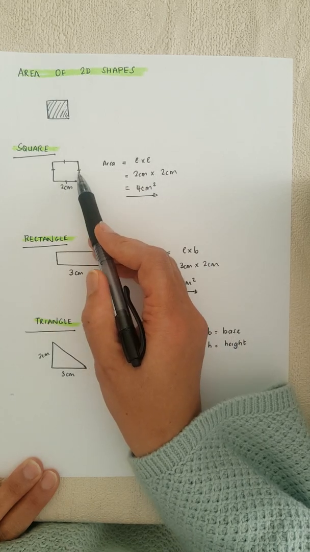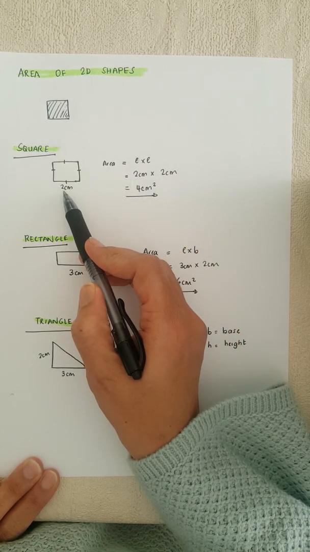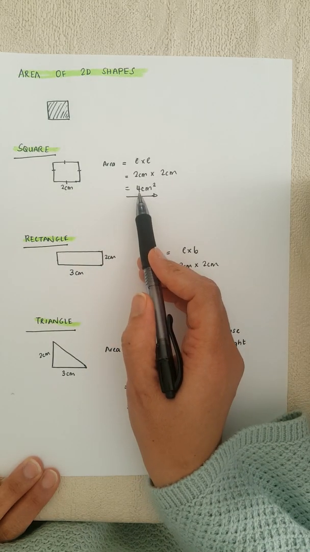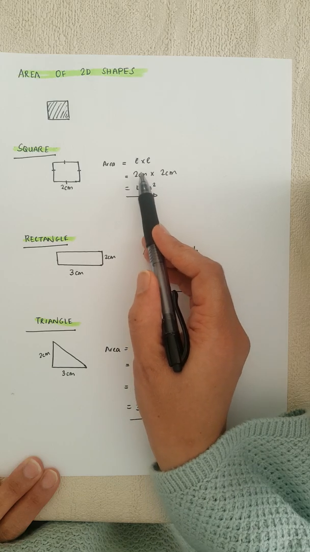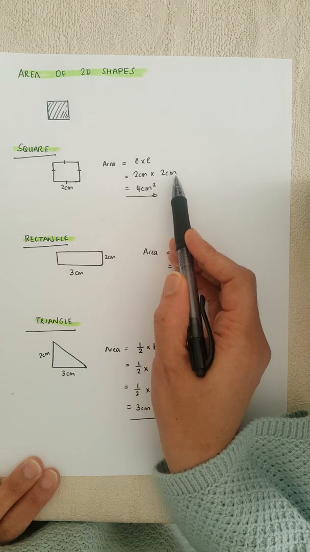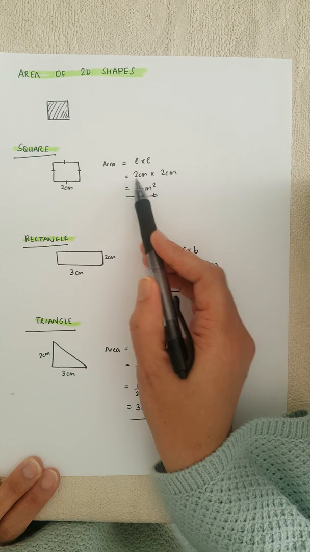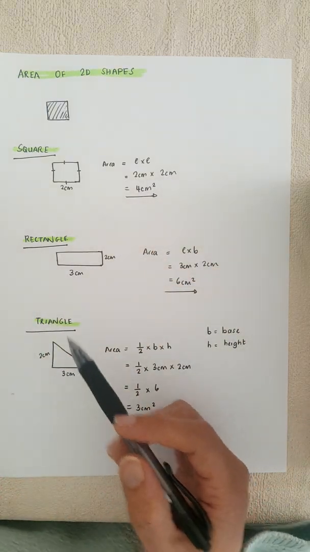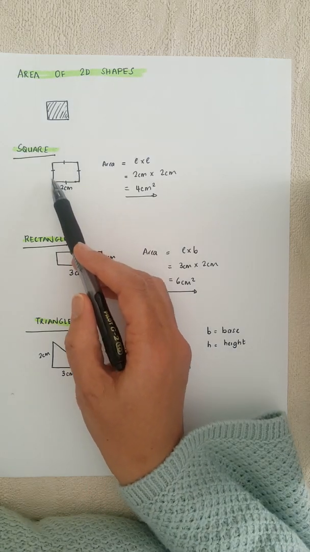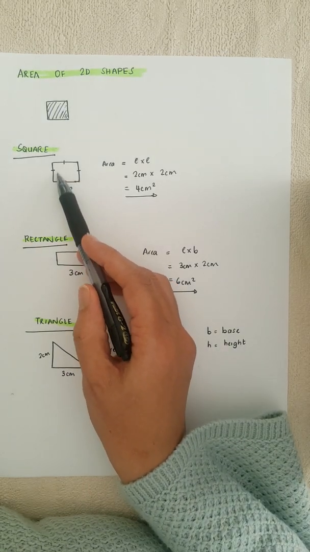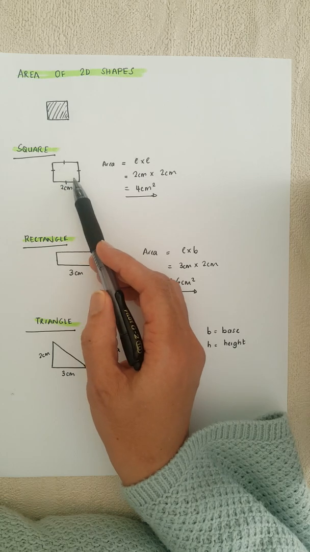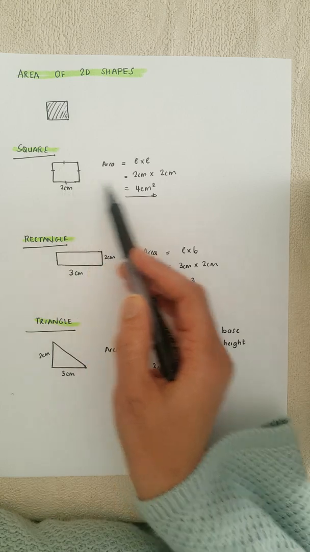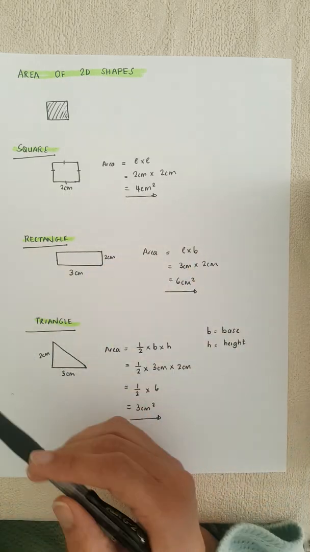Length times the length is 2 centimeters multiplied by 2 centimeters, and we write our answer as 4 centimeters squared because we're multiplying centimeters by centimeters. That became centimeters squared, and 2 times 2. It's a formula that you need to learn and remember off by heart. When you're given a square, how do we calculate the area, the portion inside of the square? We say length times the length, 2 times 2 is equal to 4 centimeters.